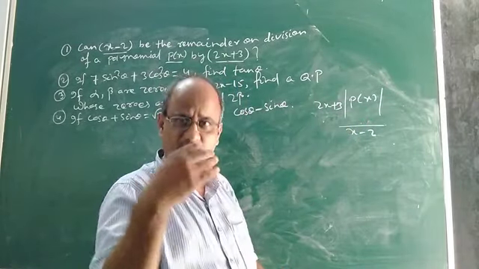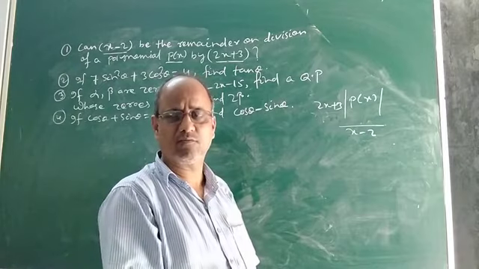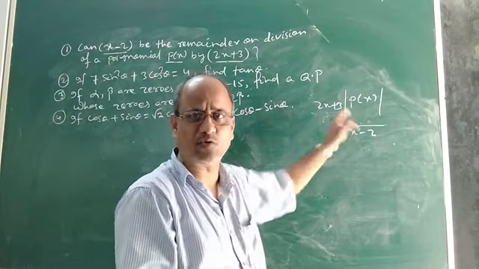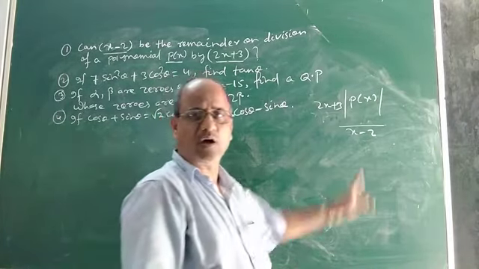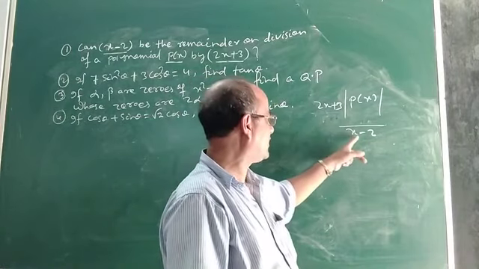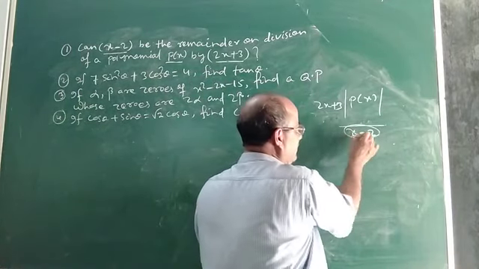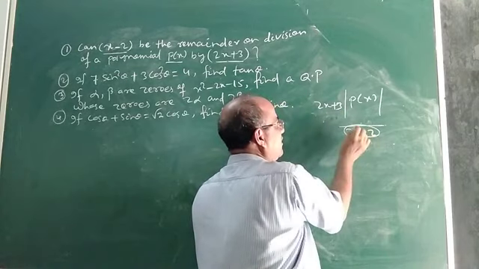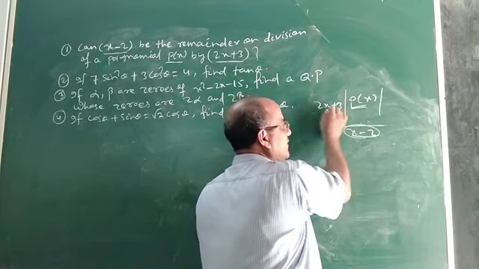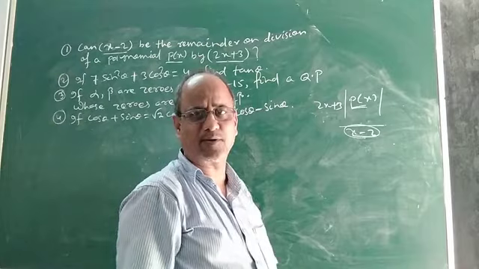If it is yes, why? If it is no, why not? What is the reason? You have to justify. How to know whether x minus 2 will be the remainder on dividing a polynomial p of x by a linear polynomial 2x plus 3? What is the process?